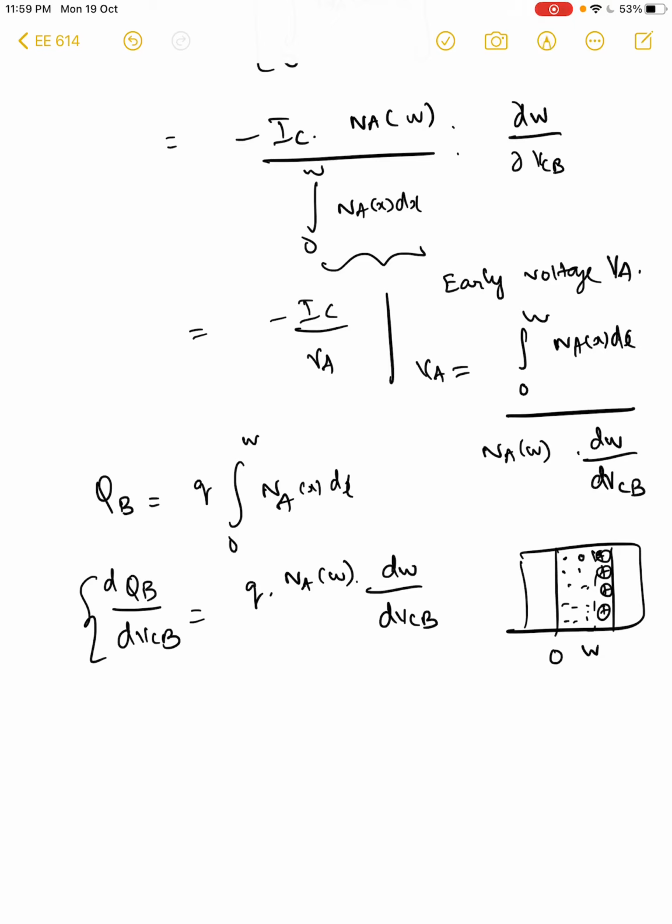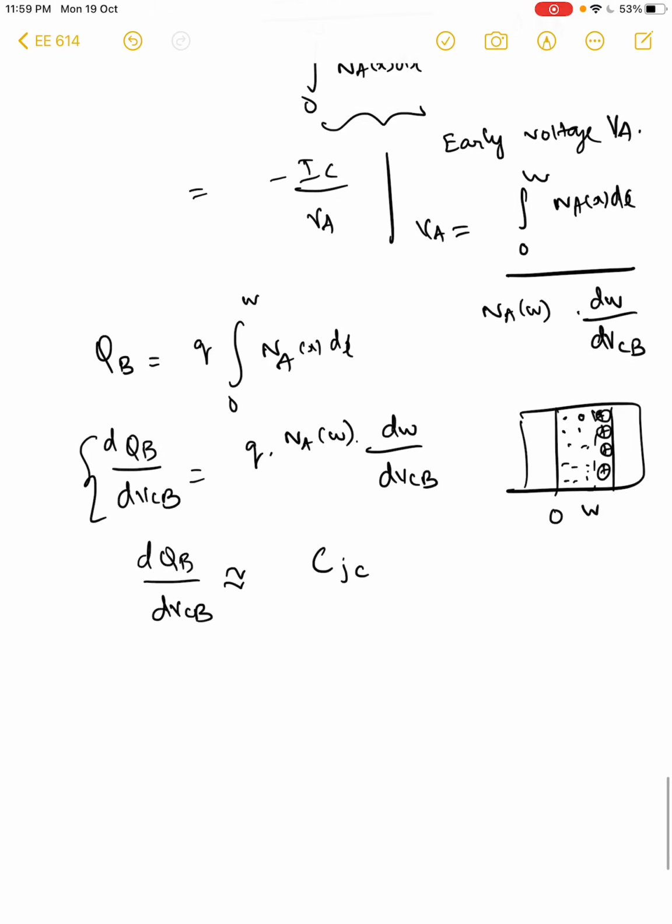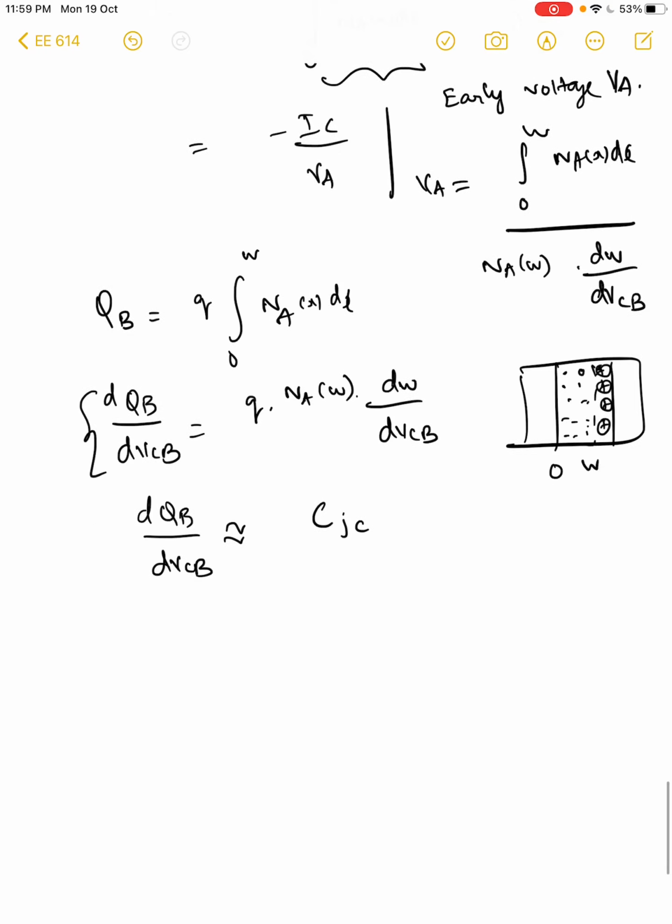So this expression dQB by dVCB is approximately or closely related to the depletion capacitance in the base collector junction. So I'm going to replace this q NA of W dW by dVCB, right?